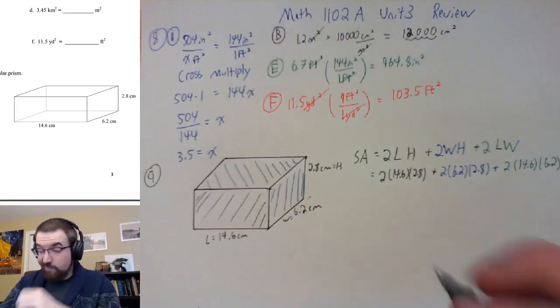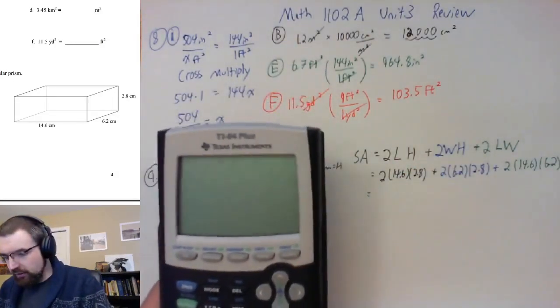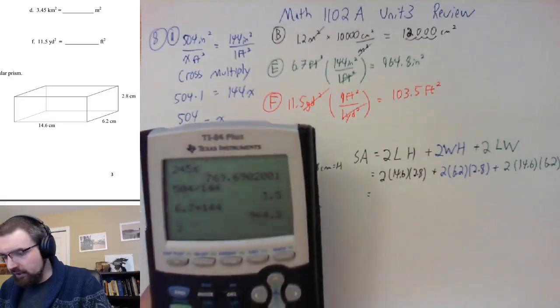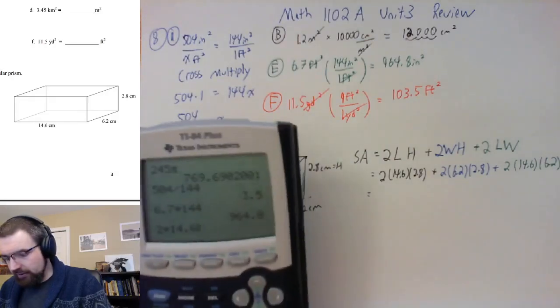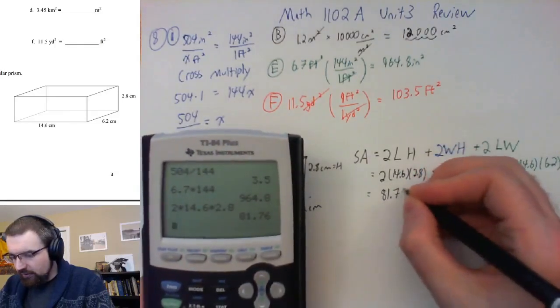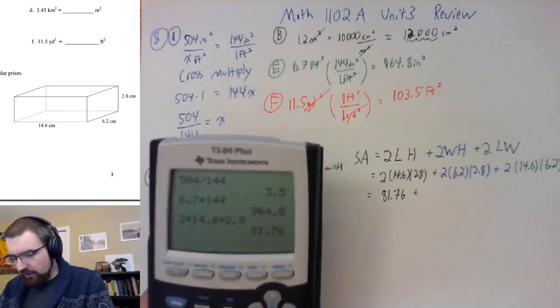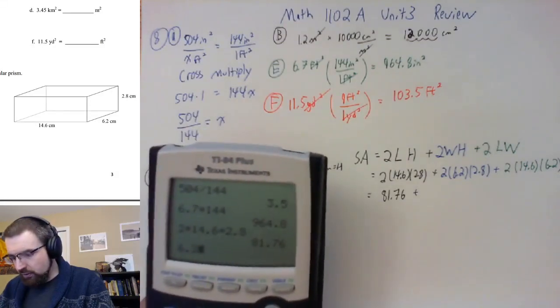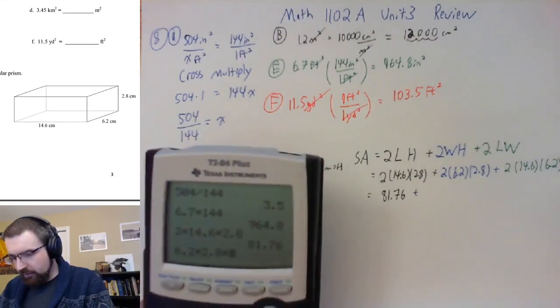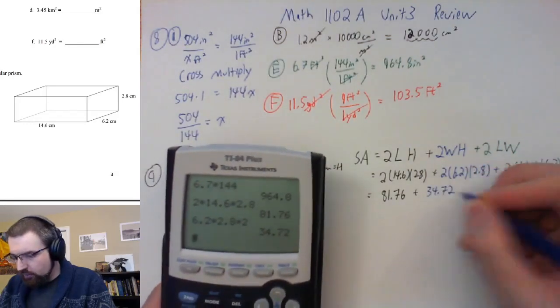Now all we've got to do is crunch those numbers and add them together. 2 times 14.6 times 2.8 is going to be 81.76. Then we add the next one, the blue one, 6.2 times 2.8 times 2. That's 34.72.